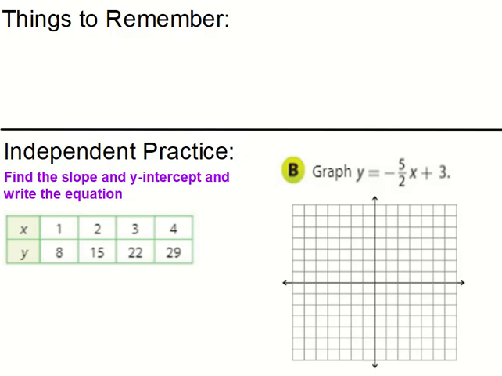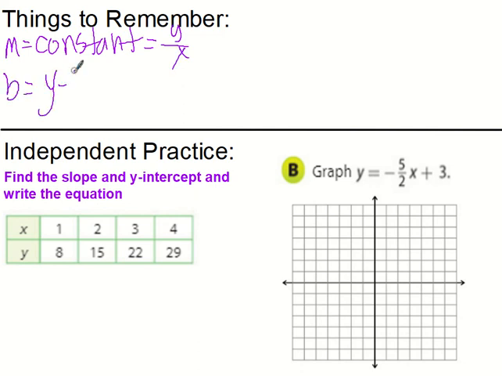So things to remember, right? That M is our constant, that it's our y's over our x's, and that B is our y-intercept. That's short for intercept. It also is your initial value.